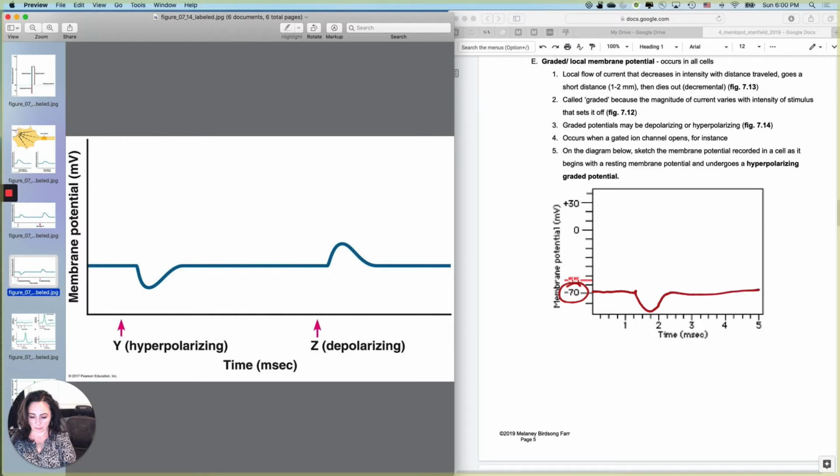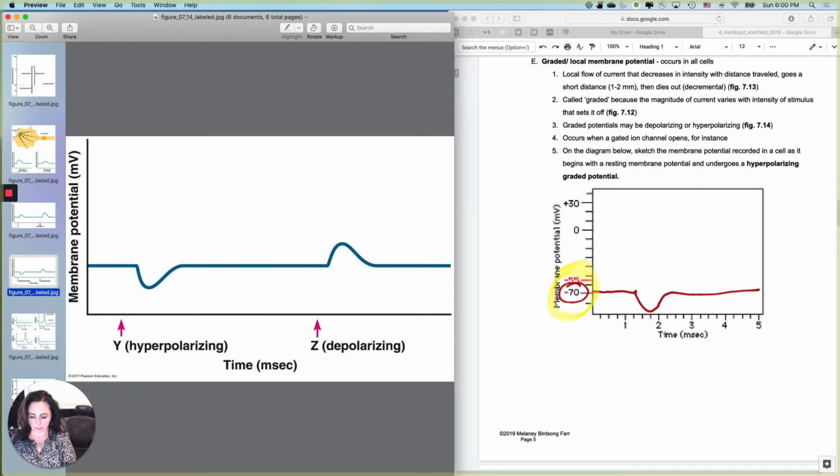So I have some questions for you. Let me change colors for just a second. I'm going to ask the same questions on the diagrams that we do every single time. First question: what type of channel got me to minus 70? How did I get to minus 70? Was it a gated channel? Was it a leak channel?